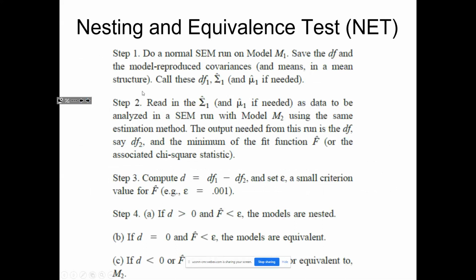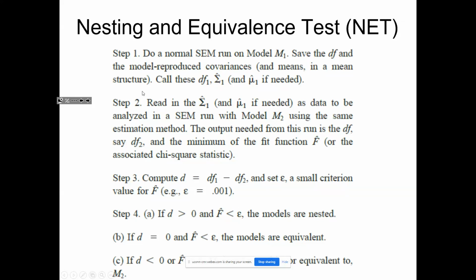And then you're actually going to save the model reproduced, the model implied covariance matrix. And then you're going to save that covariance matrix out. And then you're going to run the second model with that model implied variance covariance matrix.